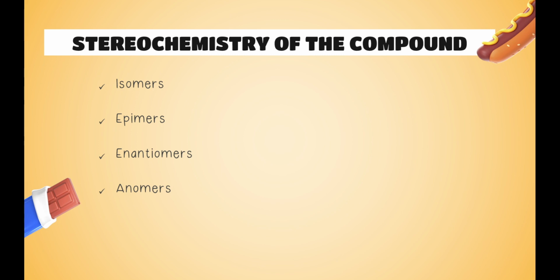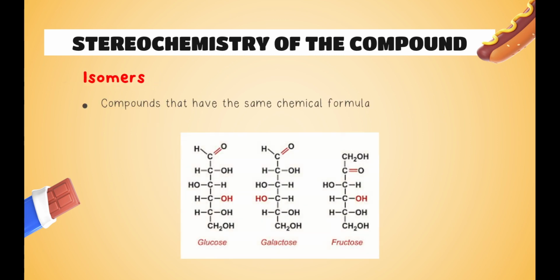And then from there, we are able to add certain names to our compound. So let us start with isomers. Isomers are compounds that have the same chemical formula. Now, look at your glucose, your galactose, and your fructose. Even if they differ in terms of positioning of some molecules, they are actually isomers of each other.